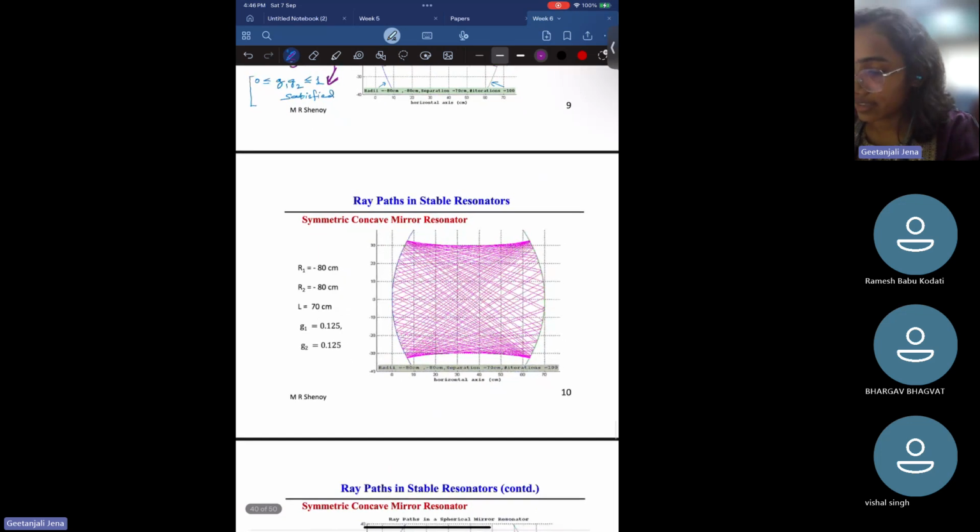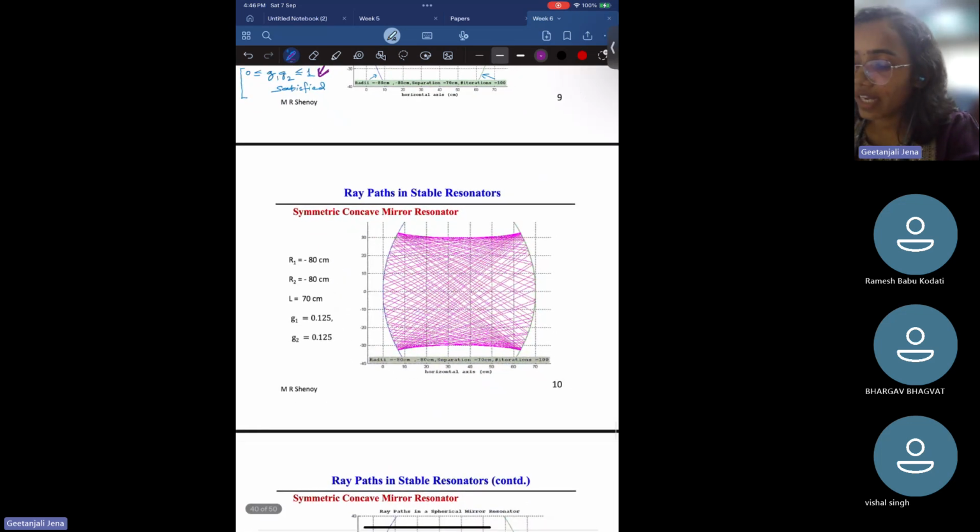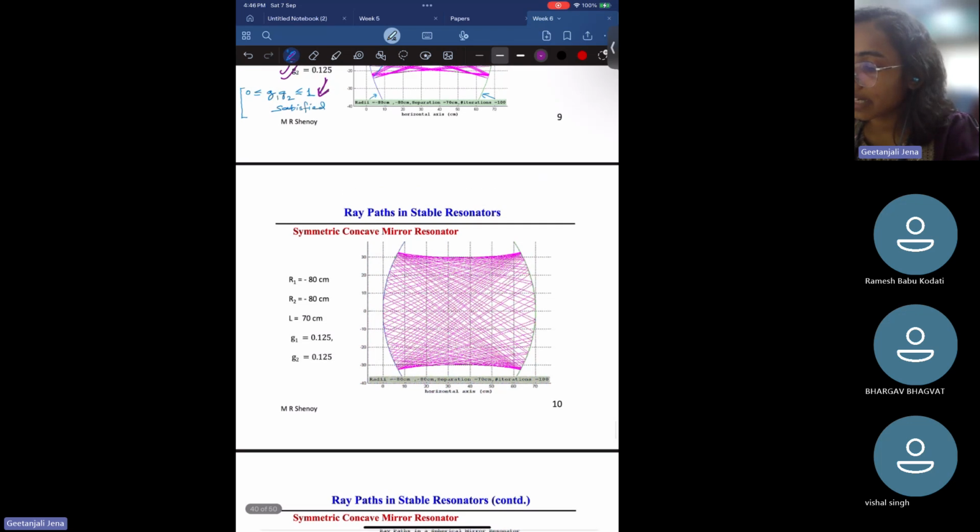For the same case, we have another type of ray diagram where the rays are confined in this manner. This may indicate a different value of theta m or ym for a given symmetric concave mirror resonator. Or if you go higher, it may indicate a different type of mode.